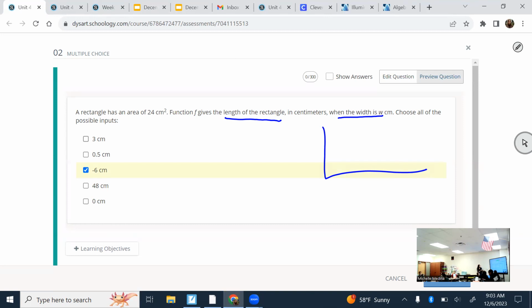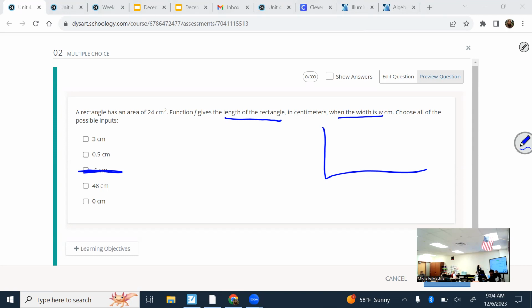Oh, and it's all the possible ones. Maybe I shouldn't select that. Maybe I should exclude that one. But 0 is kind of difficult because obviously if you're measuring something, you probably don't have it at 0. That one is kind of hit or miss, whether they include it or not.